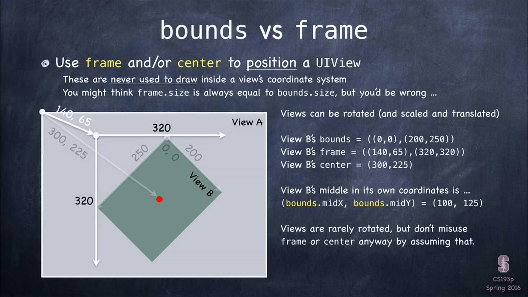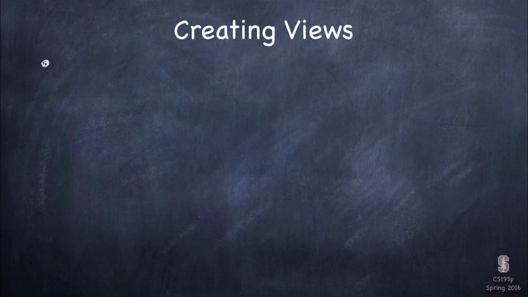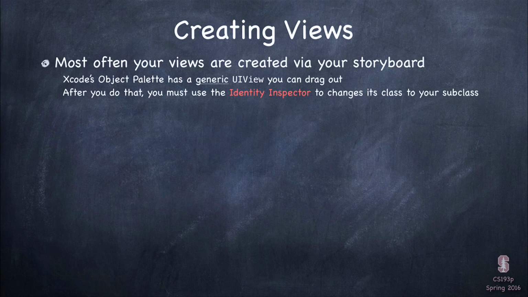Because this is the smallest rectangle in the super view's coordinate system that will completely contain this rotated view. So the width and height are not the same. This is the frame, 320 by 320. This is the bounds. When you're drawing in B, you don't even know you're rotated. So you want to make sure that you're using this coordinate system right here. Bounds.